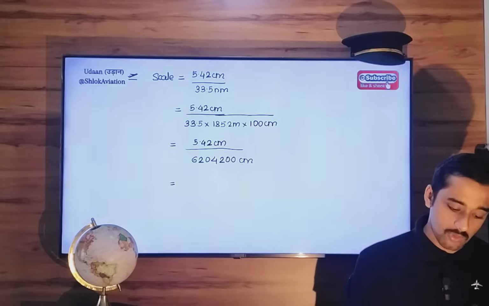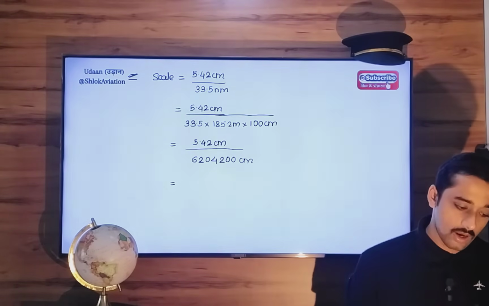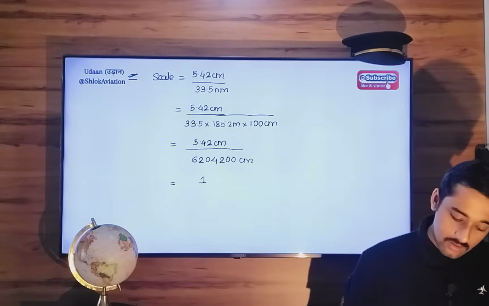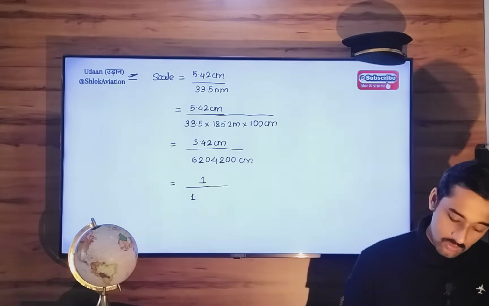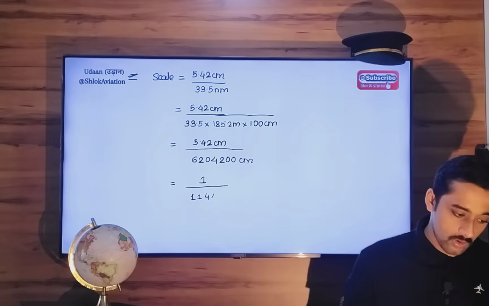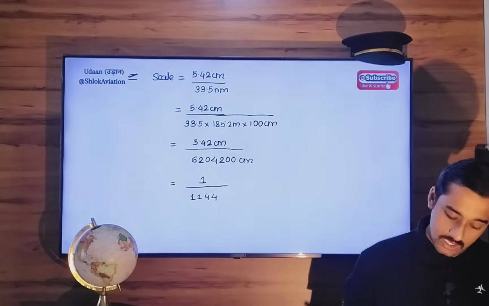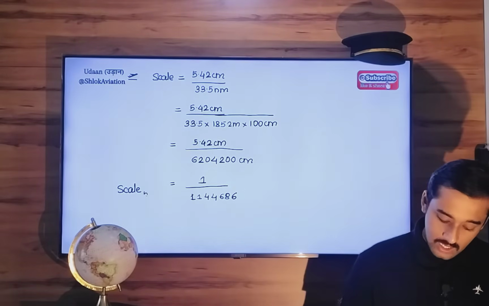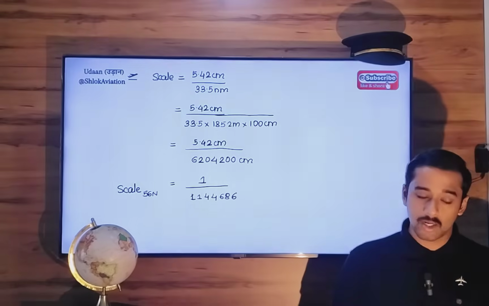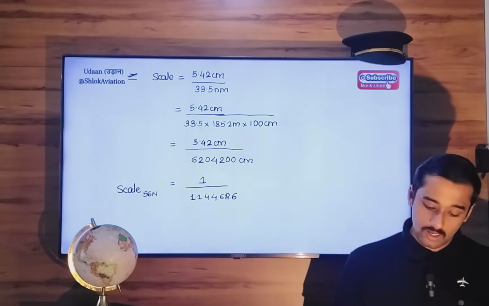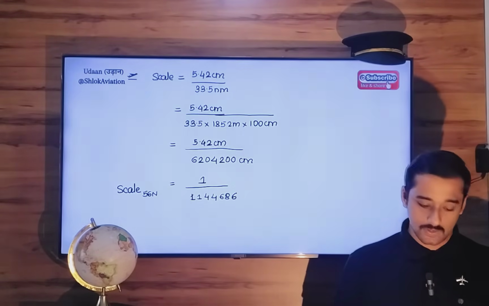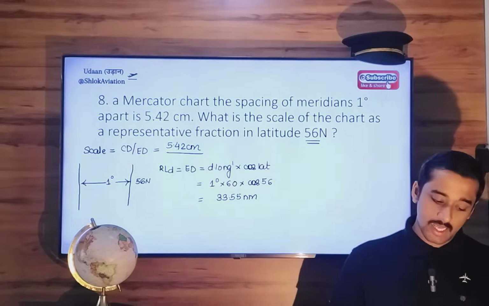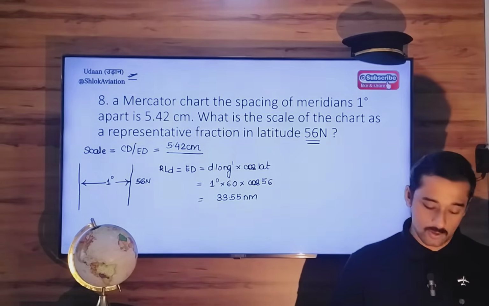Now dividing this by 5.42, your answer will be 1 divided by 1144,686. So scale at 56 degree north latitude is equal to 1 divided by 1144,686. So select that option which is closest to this value.